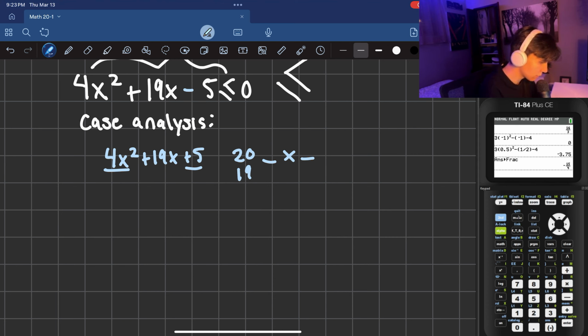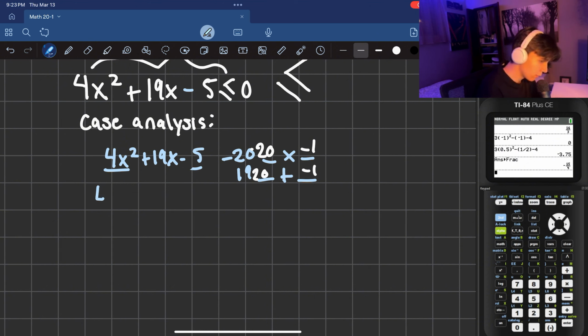I wrote this equation wrong. So two numbers that multiply to give us negative 20, but add to give us 19. So we have the numbers 20 and negative 1.